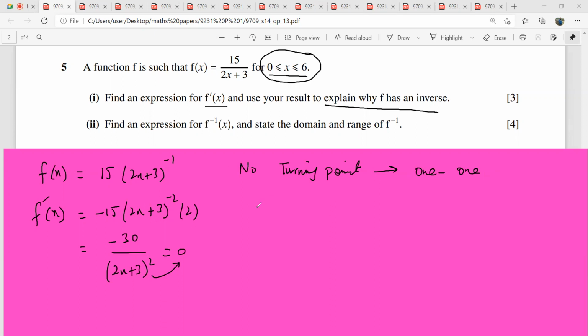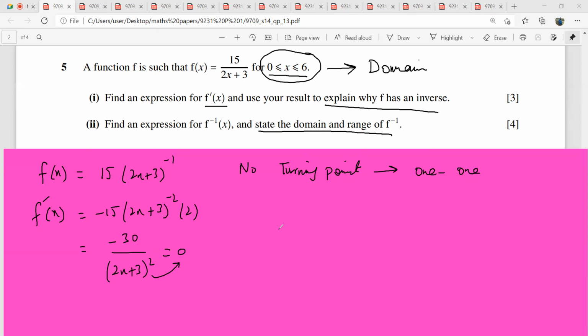Then it says find an expression for f inverse of x and state the domain and range of f inverse. Now writing the domain and range is really easy of this f inverse if you determine the domain and range for the function itself. So we have the domain, here is the domain. So that means we are done with the range of the inverse because the domain of the function is the range of the inverse. Let's see what is the range of this f.